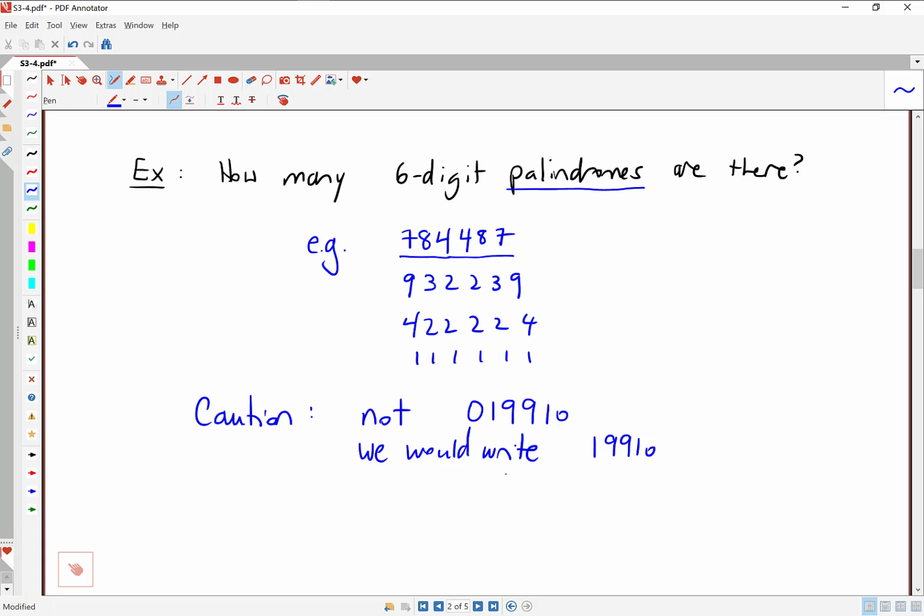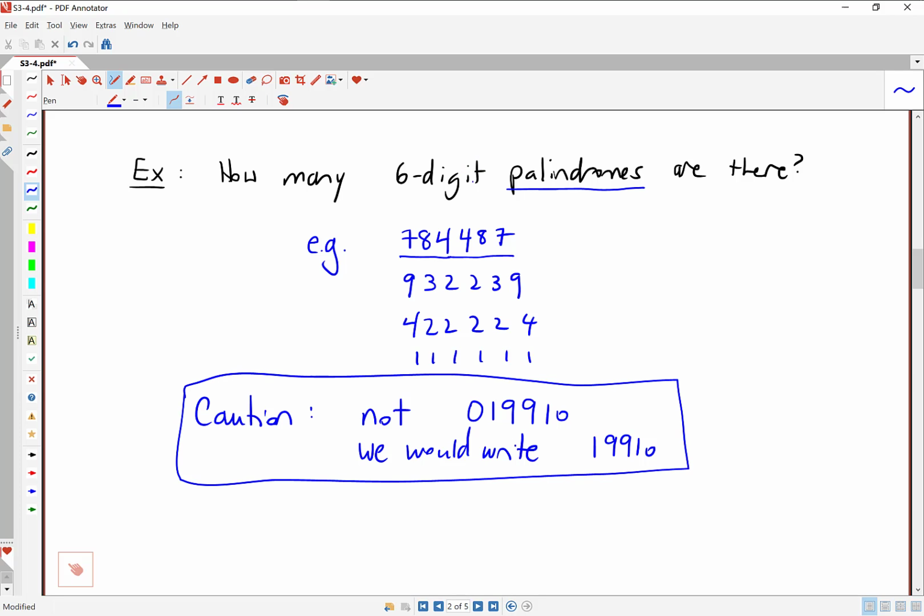So what we're realizing here is that the first digit can't be 0. Second and third digits can be anything we like, and then after that, the last 3 digits are going to be forced by the decision that we've already made. So now that we know what these 6-digit palindromes look like, the question is, how many of them are there?